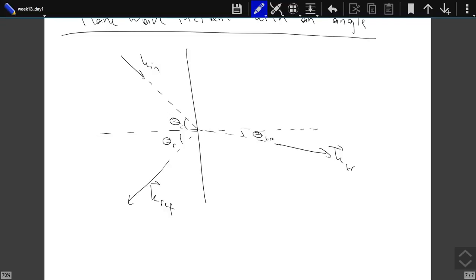Well, with any other combination, both of them might lose their parallel components. We can always separate it into 2 components, in one of which B is parallel, and in the other E is parallel. Try to visualize it. So we have to study these 2 cases separately.